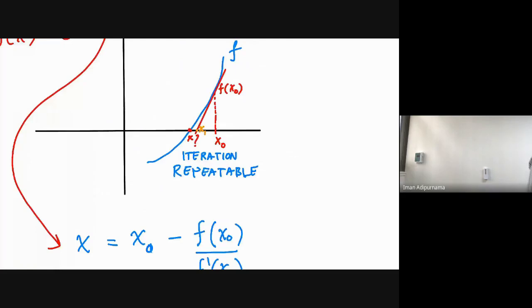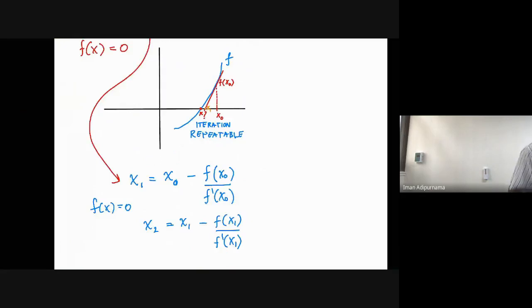All are similar. The difference is how we approach. When we say approximate, it's not an equal sign. It's approximating. It's not the exact value. That's the difference. I hope you get the idea of Newton's method.